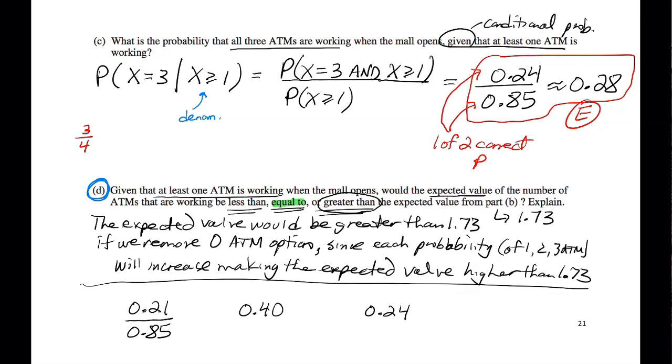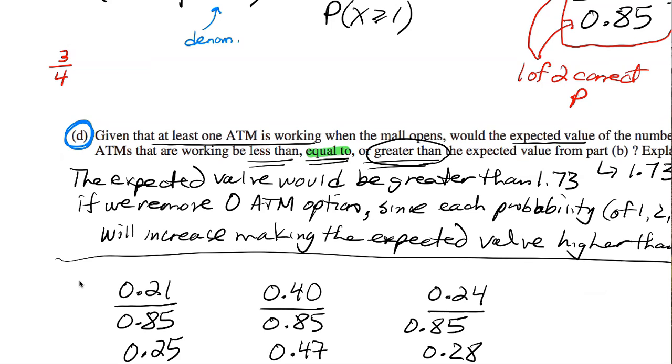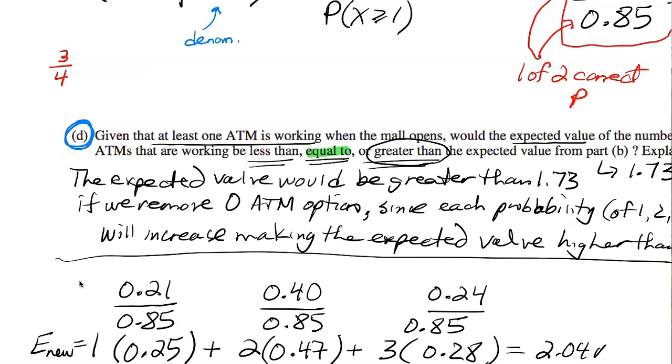Instead of out of 1, now they're out of 0.85. So if we calculated those probabilities, we would get 25, 47, and 28. Now those add up to 100%, so the probability distribution is valid now. And now we can recalculate our new expected value to be 2.04 ATMs.